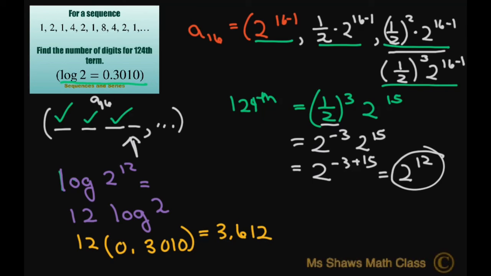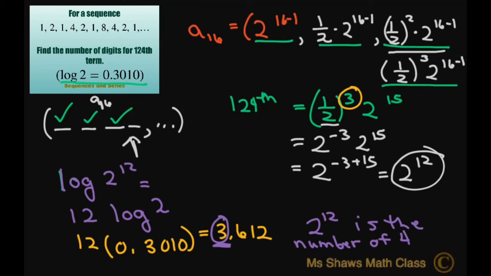So we're looking at this 3 here. If we're just looking at the integer, the characteristic is 3. And therefore 2 to the power of 12 has 4 digits. Or you could just round this up.